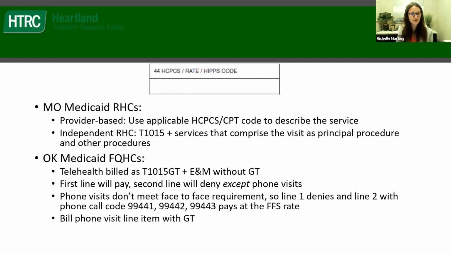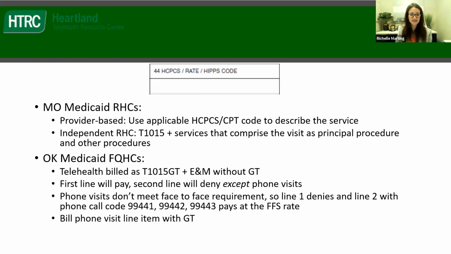So the way you handle those is the opposite. Line 1, the T1015 will deny. Then line 2, the code you're going to report is the code for the phone visit, and that will pay at the fee-for-service rate for telephone visits.